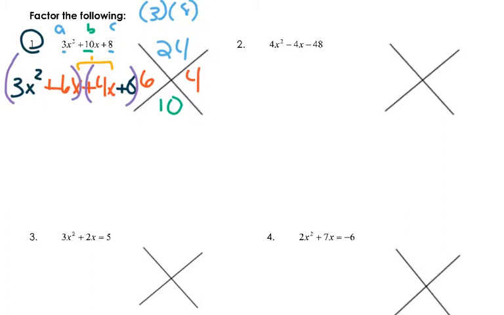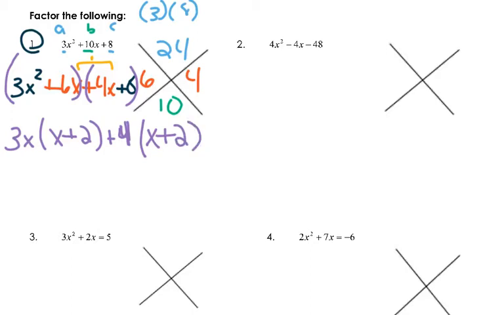So for the first set of this, I could pull out 3x. And what I have left over is x plus 2. And for the second set, 4x plus 8, their greatest common factor is 4. So I'm going to pull out a positive 4. And I'm going to have x plus 2.